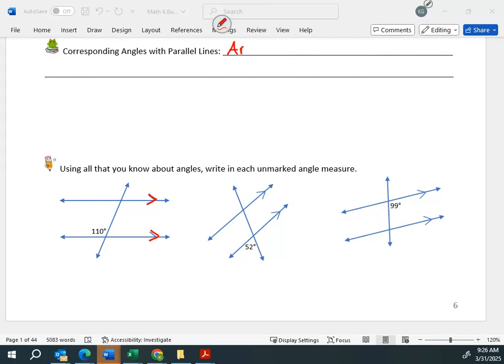So these are angles in the same location.